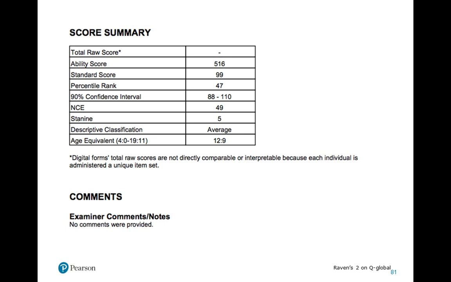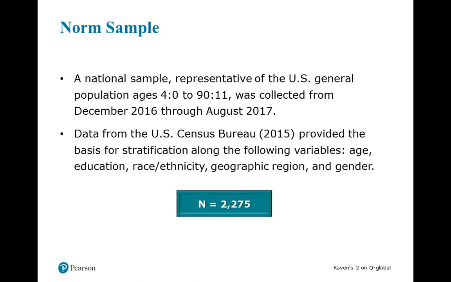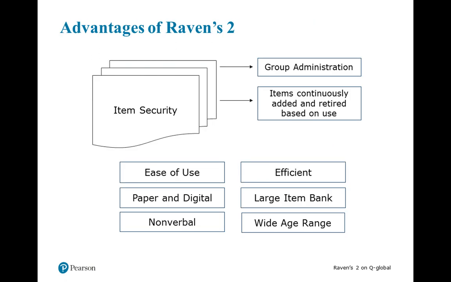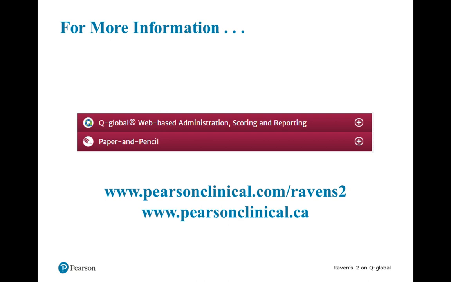We are at the top of the hour. We've had a couple of questions that we haven't been able to get to. In your handout you'll see a little more information about the norm sample, the reliability, the validity, some of the advantages of Ravens that I mentioned early on, and the website to get more information about Ravens 2.